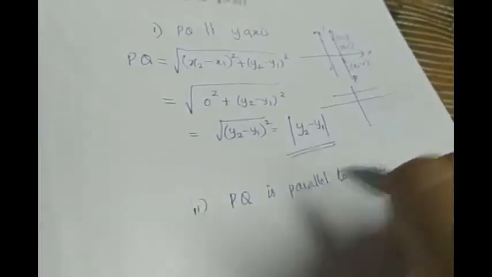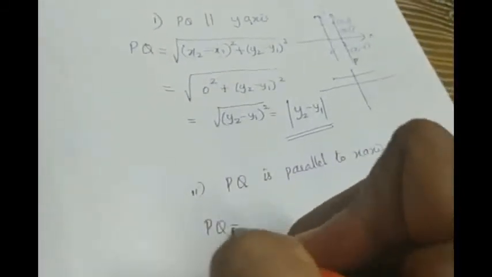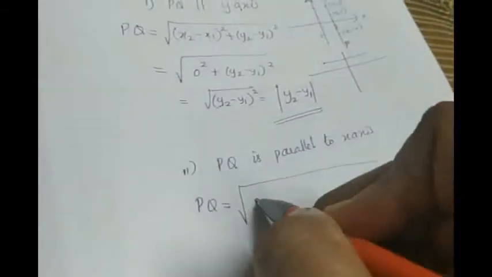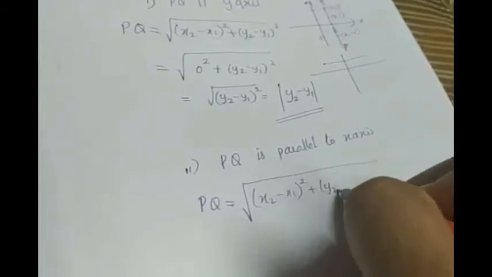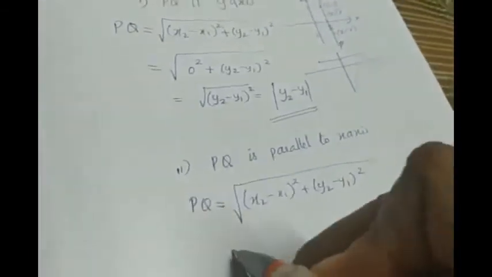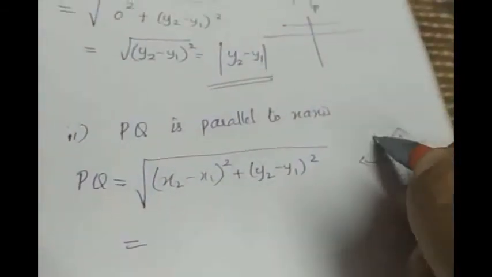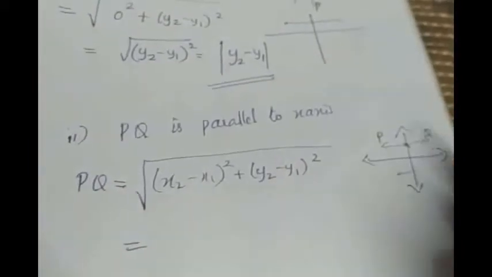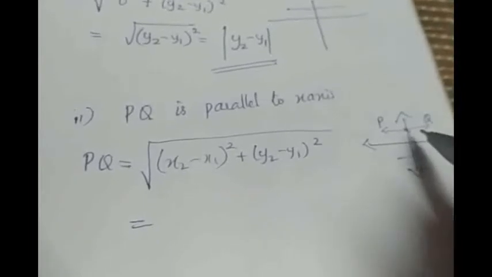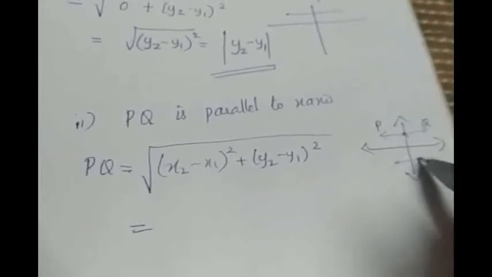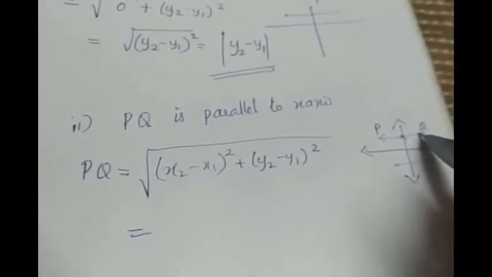So here also we will be applying the distance formula. PQ is equal to square root of (x2 minus x1) the whole square plus (y2 minus y1) the whole square. As the line PQ is parallel to the x-axis, the line can be like this or somewhere like this. Since the line is parallel to the x-axis, its y-coordinates remain the same.